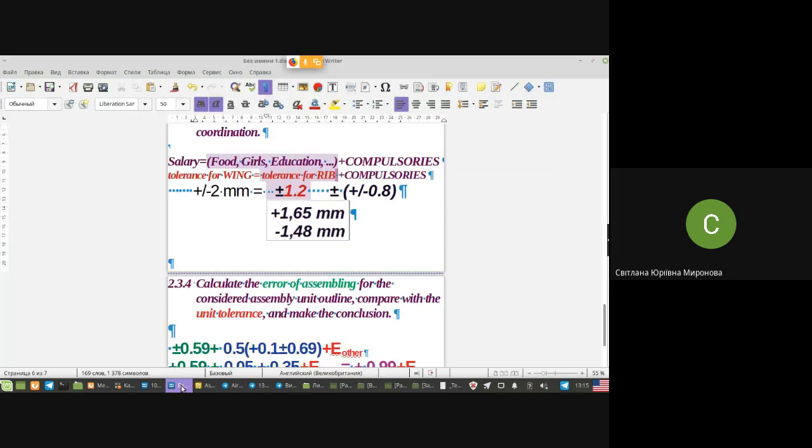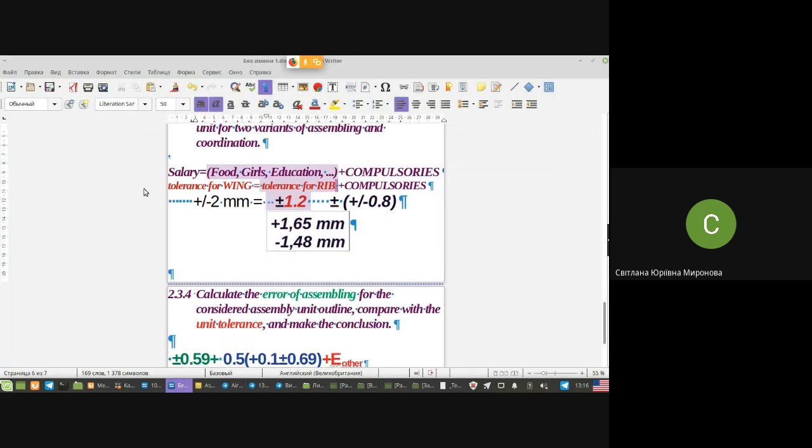If we come back to the silly example, look at this. The same salary and compulsory expenses. If you live in a cheaper place, if you pay less for rent, if you live right in the office and don't need transport or to pay money for transportation, it means that you have more.